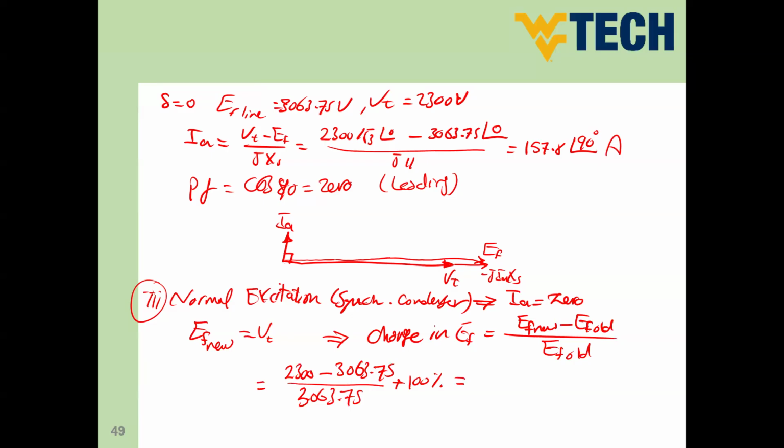So if you do that, guys, 2300 minus 3063.75 divided by 3063.75 times 100, you would find that the reduction is by 24.93%. So this is the reduction in the excitation volt in order to achieve unity power factor or minimum armature current.